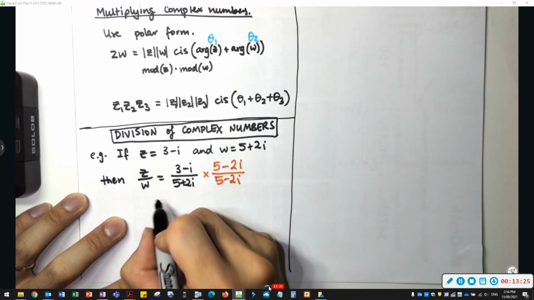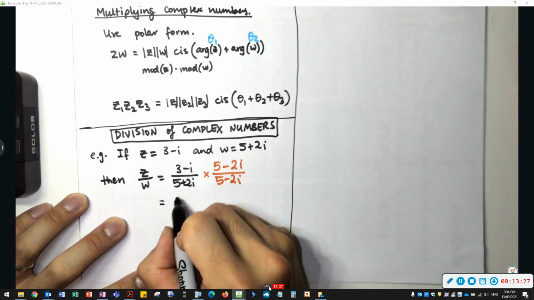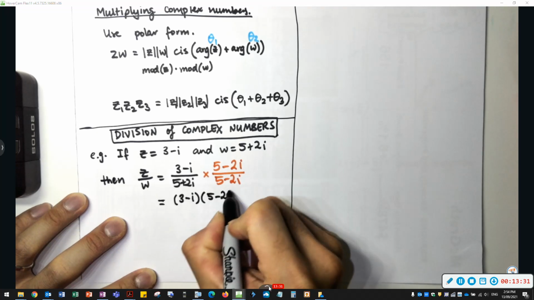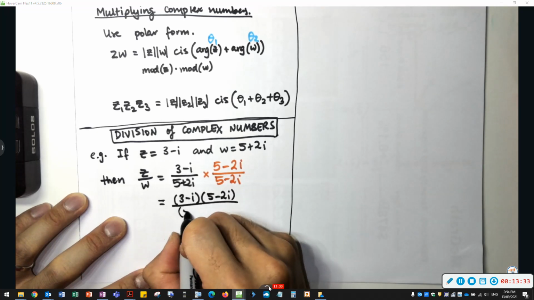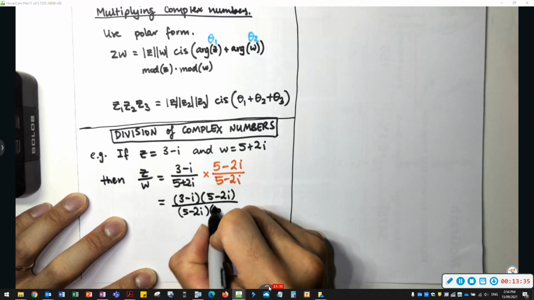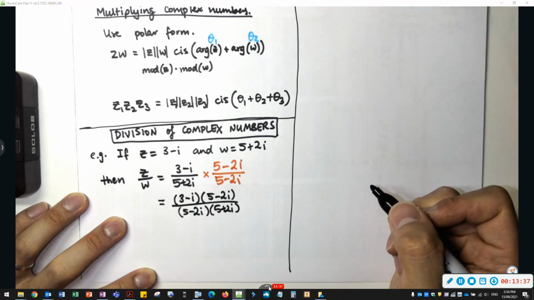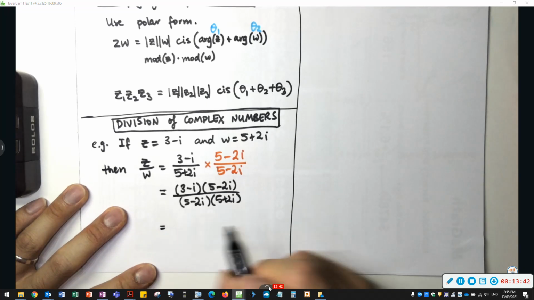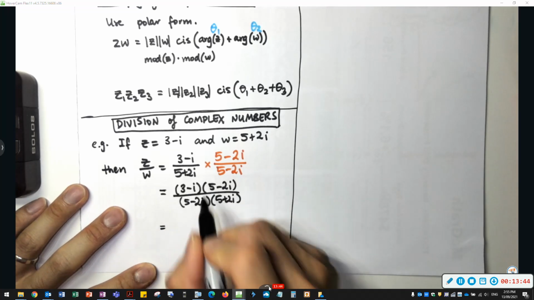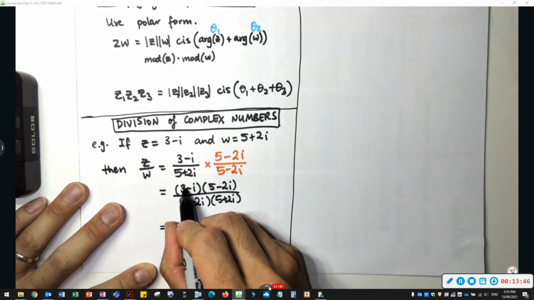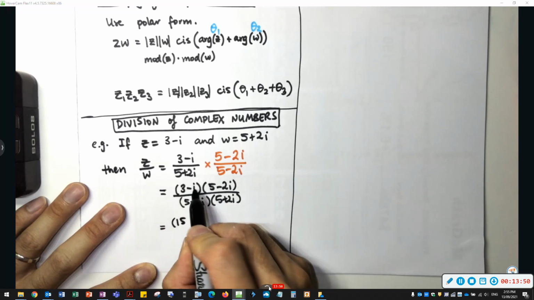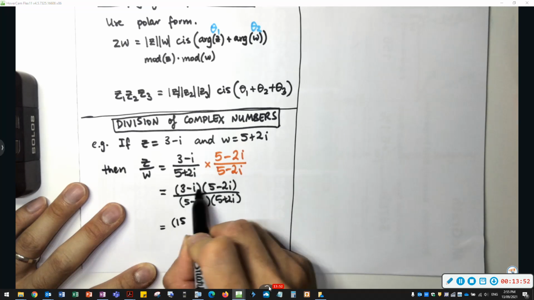And then the top part, you'll get 3 minus i times 5 minus 2i. On the bottom, you get 5 minus 2i and 5 plus 2i. Notice that's difference of 2 squares. We're going to utilize that property that we learnt before. Firstly, let's multiply the top out. So we got 15. And then going for the 2 end terms, so that's plus 2.